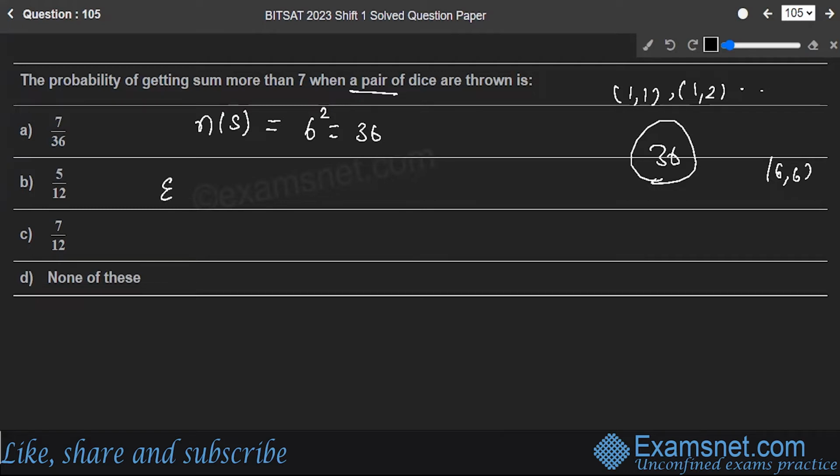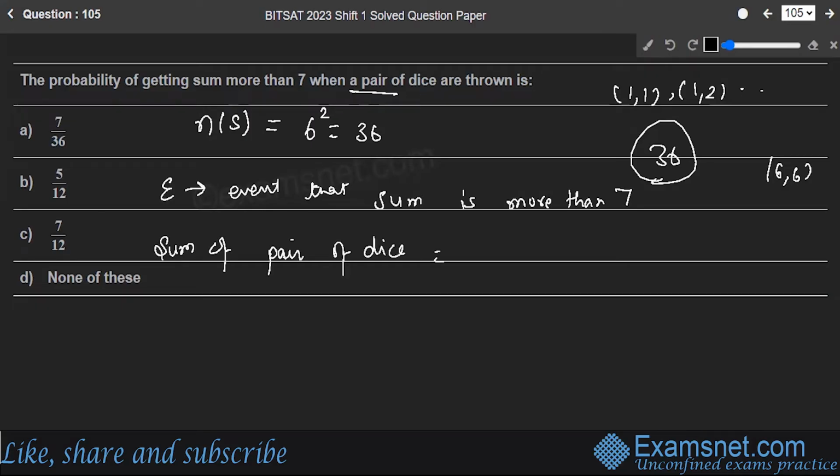Now let E be the event that the sum is more than 7. That is the sum of the pair of dice, right? So what are those possibilities? That will be more than 7.